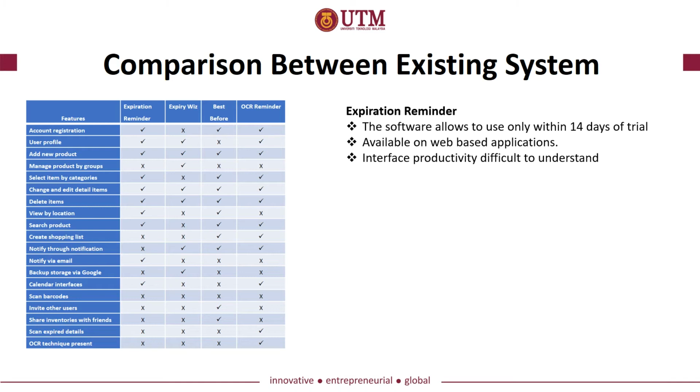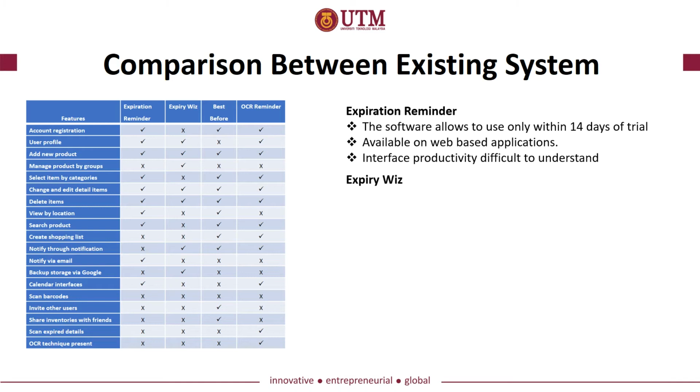The user needs to subscribe to the website to continue applying the features. It is only available as a website application, and the interface productivity is difficult to understand for certain users.